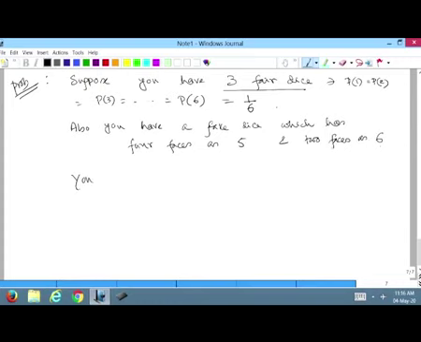You choose one of the 4 dice at random and throw it. You get a 5.